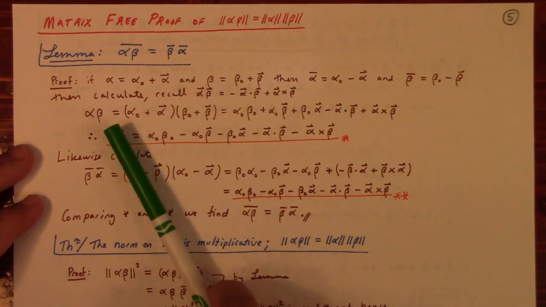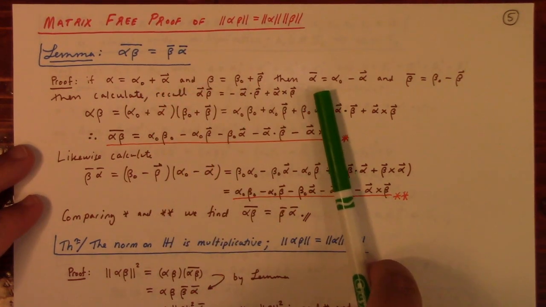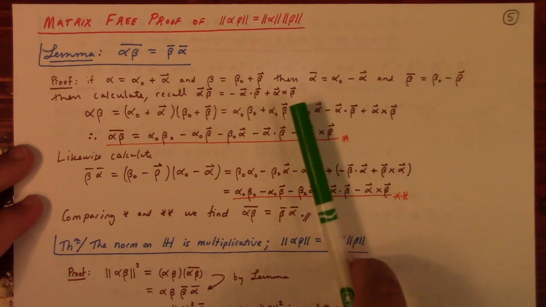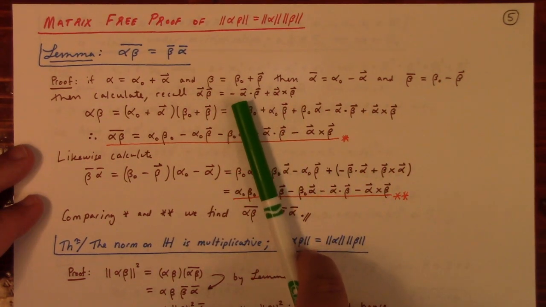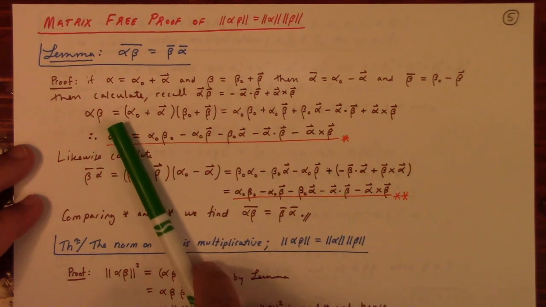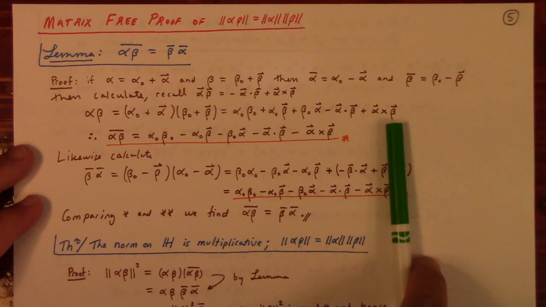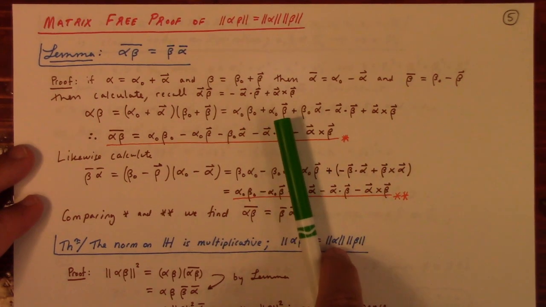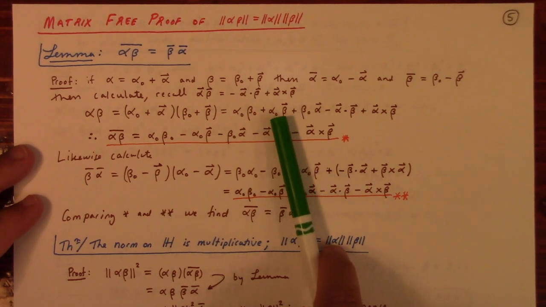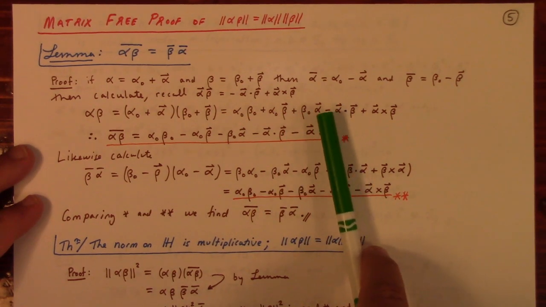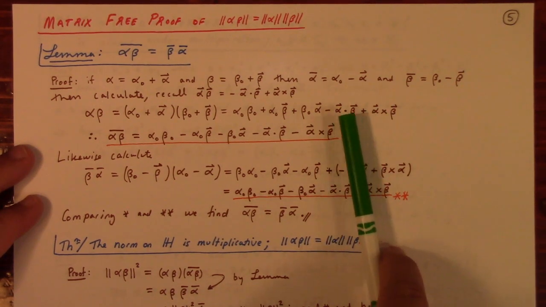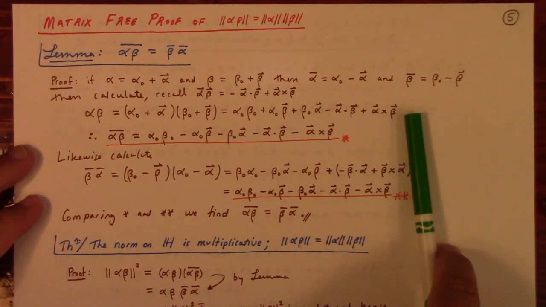So let's see why. Alpha conjugate is alpha naught minus alpha vector. Beta conjugate is beta naught minus beta vector. And remember, the product of alpha and beta is minus alpha dot beta plus the cross product of alpha and beta. So if I multiply alpha beta, I get all this stuff right here: the product of the real parts, a scalar multiple of alpha naught times beta vector, a scalar multiple of beta naught times alpha vector, minus the dot product of alpha and beta plus the cross product of alpha and beta.